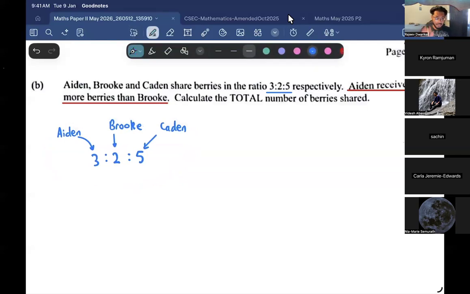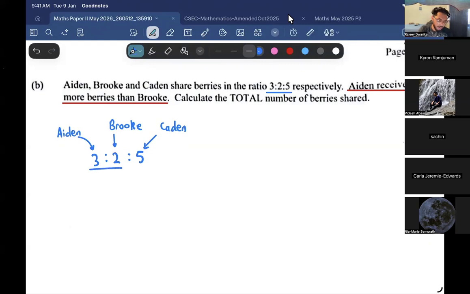So they're saying Eden receives 12 more berries than Brooke. So what two persons are we talking about? Eden and Brooke.